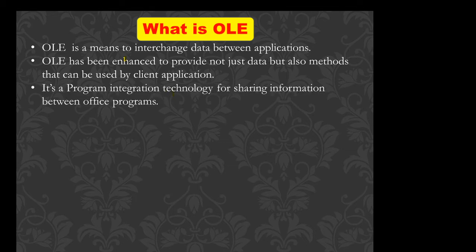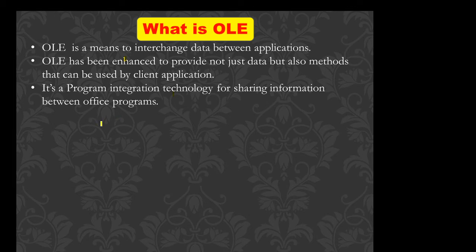Then it's a program integration technology, that is to integrate programs from one Office application to another Office application, for sharing information between two Office programs. Between two Office programs means, for example, an Excel sheet into a Word document.